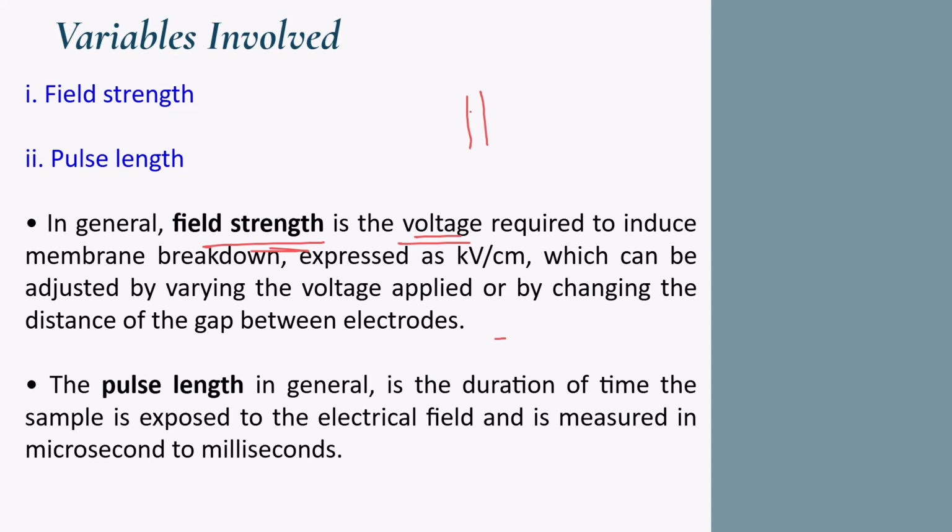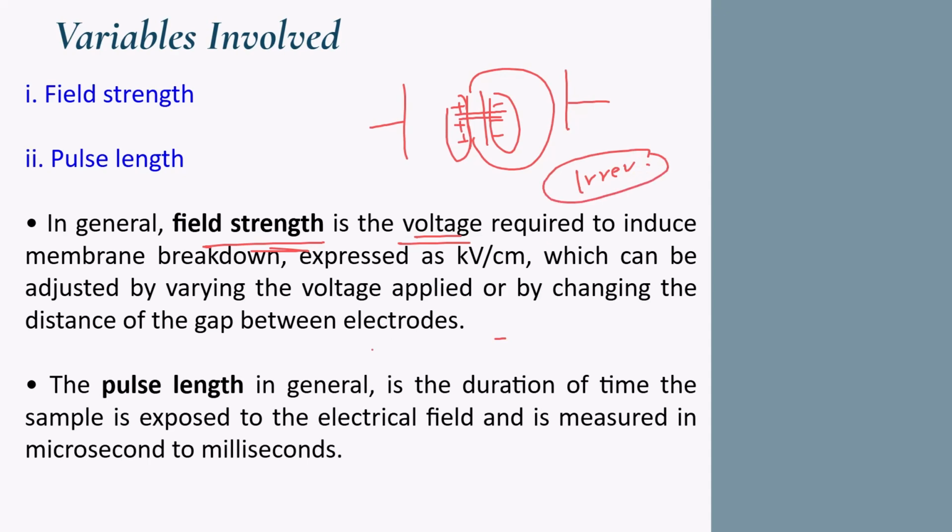For the membrane to break down or a pore to form, some charge separation must occur, right? So for this charge separation to occur, a specific voltage must be applied, right? So this is the cell. This specific voltage is called the field strength, and the voltage must be optimized before starting an experiment, because if the voltage is not optimized, it may lead to irreversible electroporation and cell death may occur.